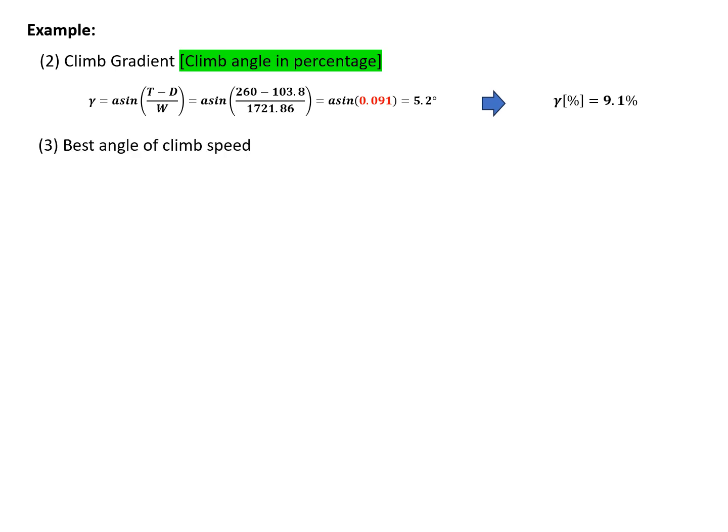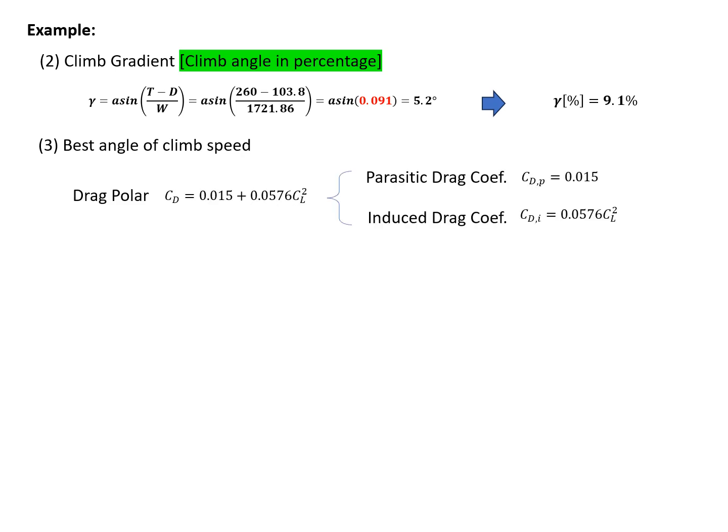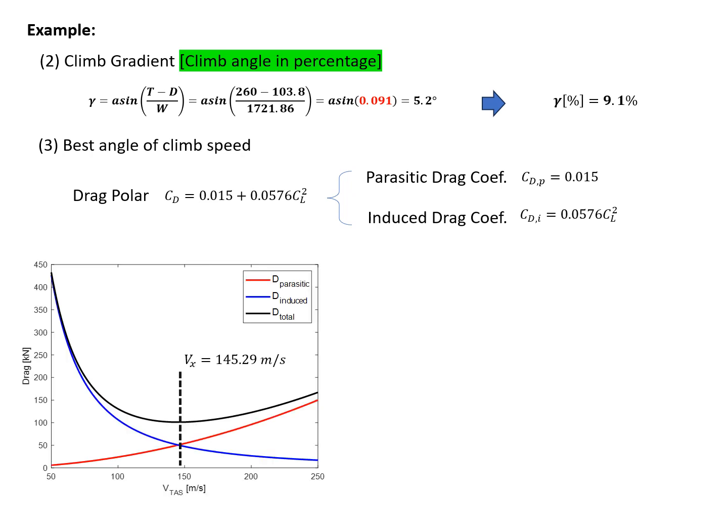And the third is to calculate the best angle of climb speed, which is Vx. We have the drag polar, which is comprised of the parasitic drag and the induced drag. So we can make a graph based on the parameters we obtained.